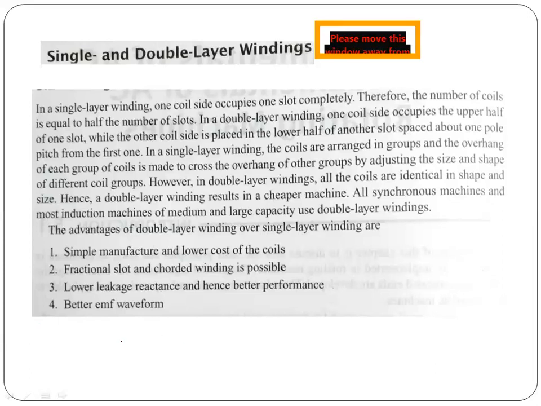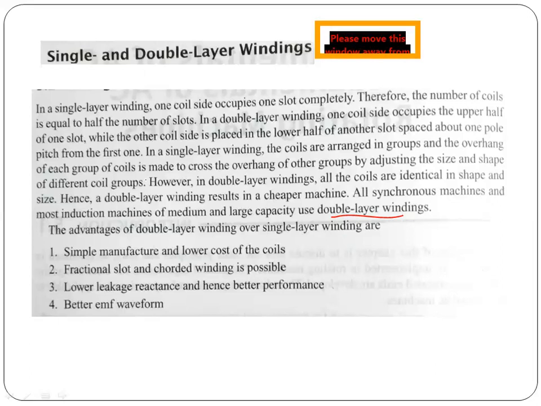All synchronous machines and most induction machines of medium and large capacity use double layer winding. That means most AC machines generally use double layer winding, and there are some advantages of double layer windings over the single layer winding.